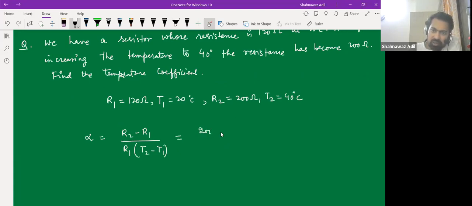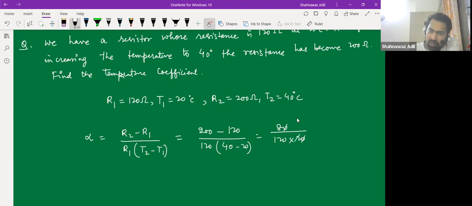So this would be how much? 200 minus 120 divided by 120, there is R1 also, R1 is 120, and then 40 minus 20. So this would be how much? 80 divided by 120 into 20. So this part cancels.